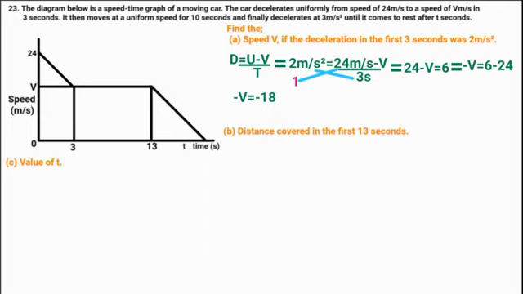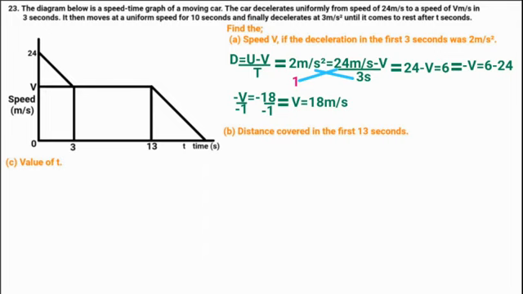Now I'm going to divide both sides by negative 1. Negative v divided by negative 1 will give me v, and negative 18 divided by negative 1 will give me 18. So the value of the speed there is 18 meters per second.